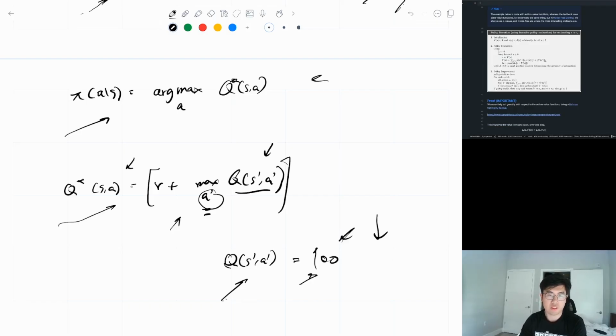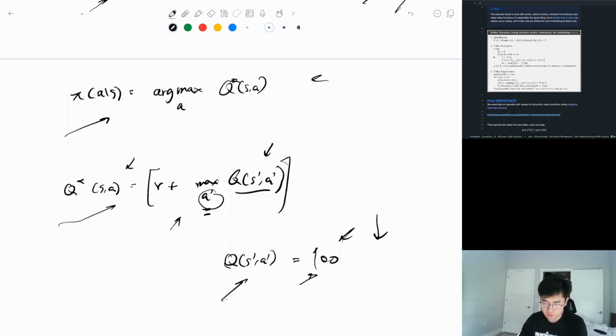You update your expectation until it stabilizes. And as you try to improve, for each action, you take this argmax. In policy improvement, you just do this, and you're going to see the policy is going to be greedy.